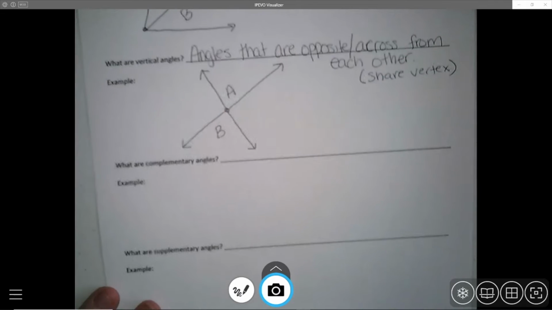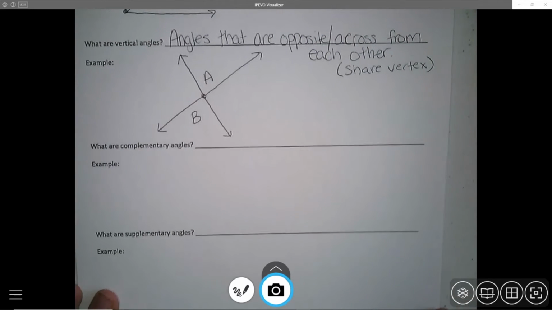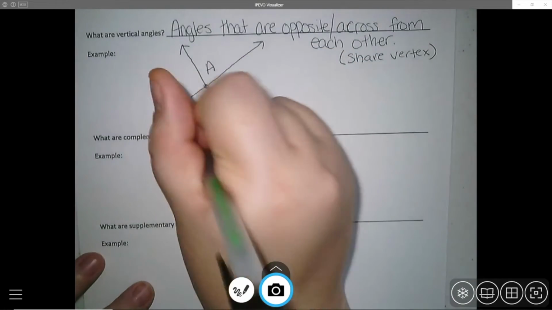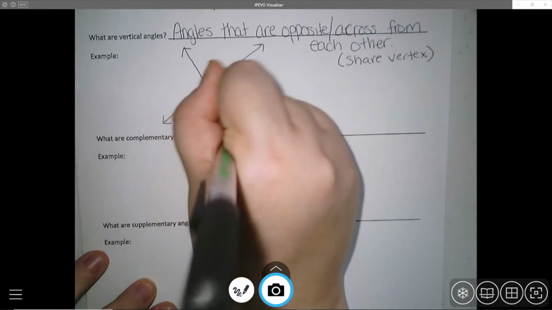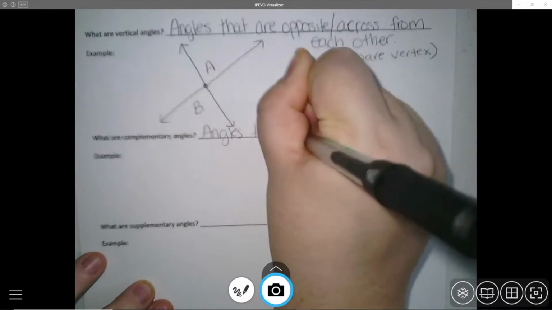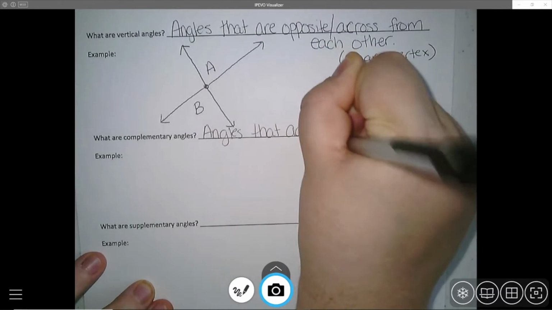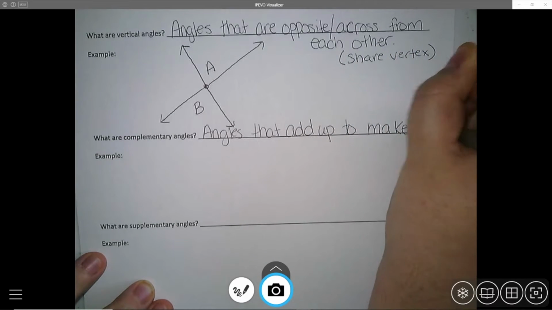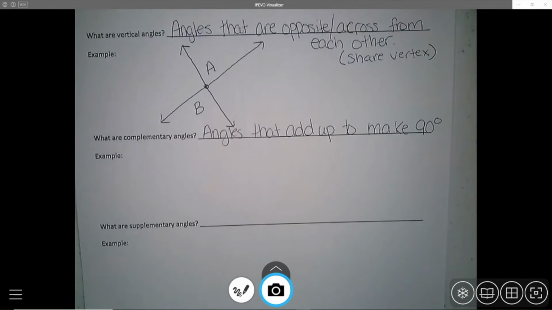Now, going down here to some of our other ones, we have complementary angles. These are angles that add up to make 90 degrees.